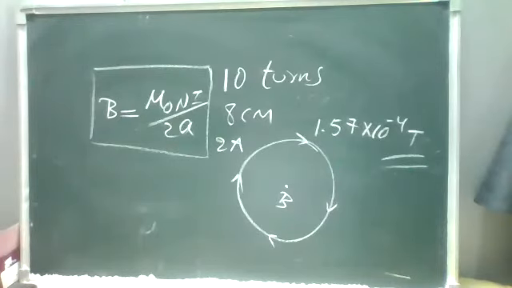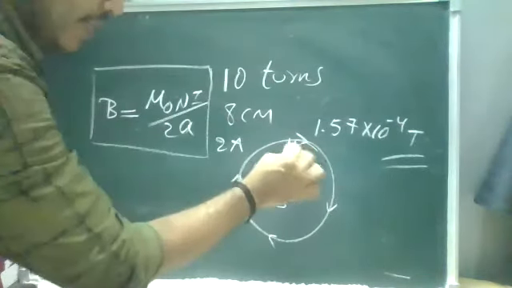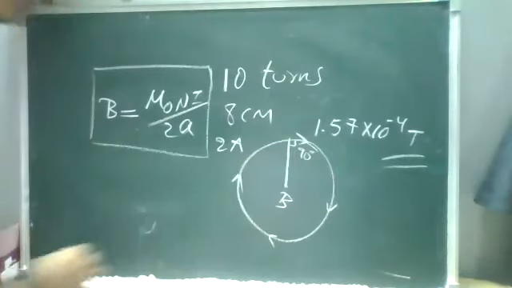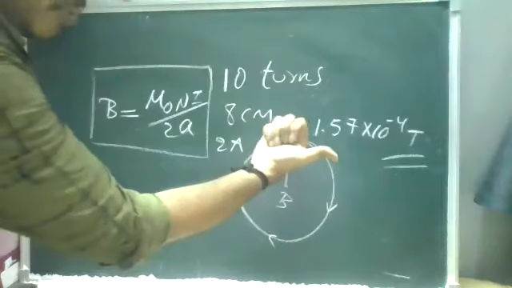And always remember, the magnetic field at the center makes an angle of 90 degrees with the plane. So apply the thumb rule.